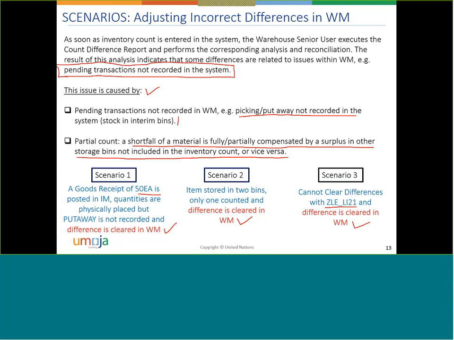So we clear differences in warehouse management, but somehow encounter an error when we do it in inventory management. We'll see how to solve that one as well once we come back from the break. So I believe now is the best time. 10 minutes, so we'll be back at 4 and continue with the second half of this WebEx session.